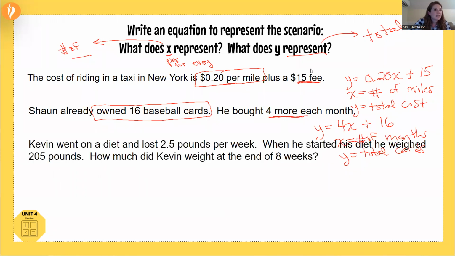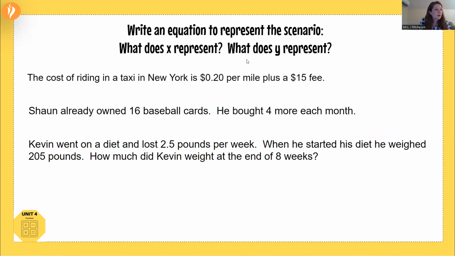All right, next one. Kevin went on a diet and lost 2.5 pounds. What does it say? Per week. That's our rate of change, 2.5. When he started his diet, he weighed 205 pounds. How much did Kevin weigh at the end of 8 weeks? Well, the total what? His total weight.